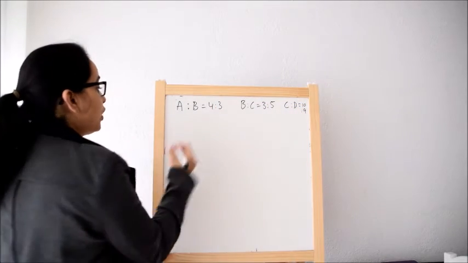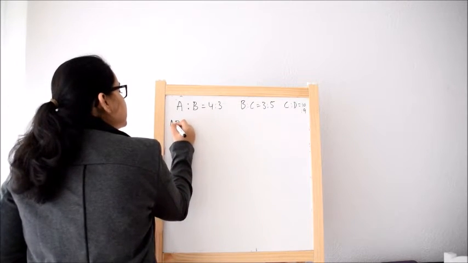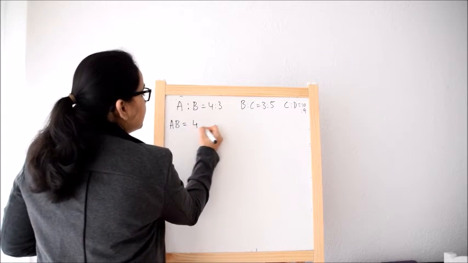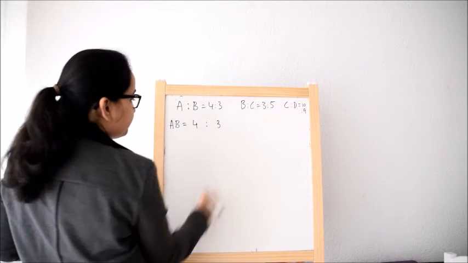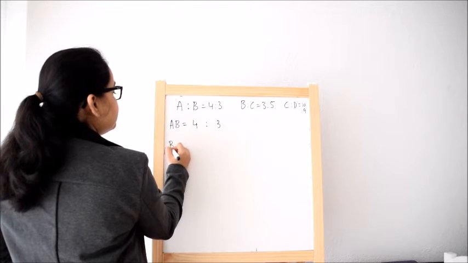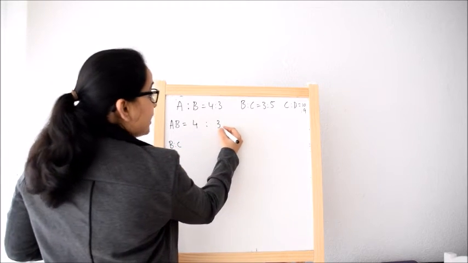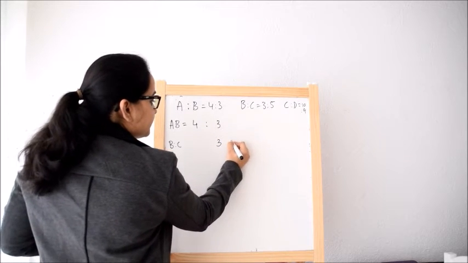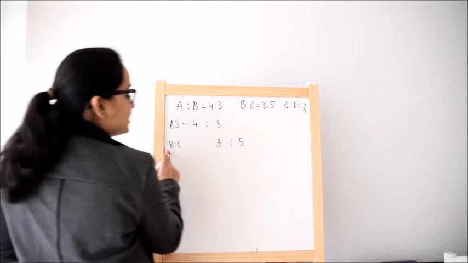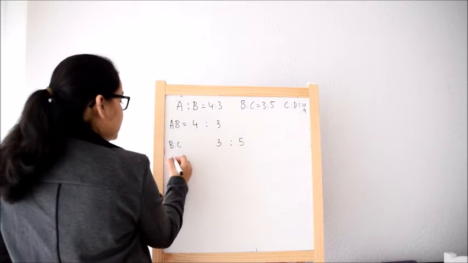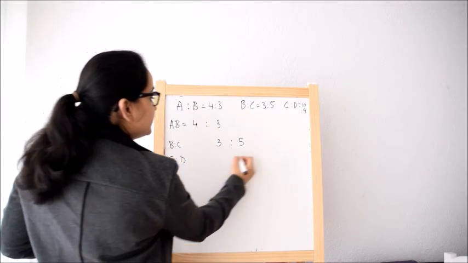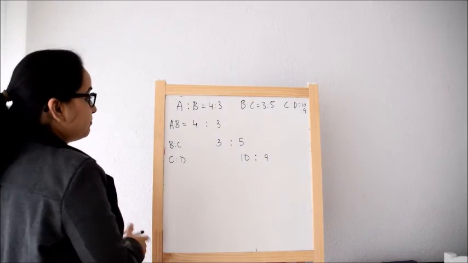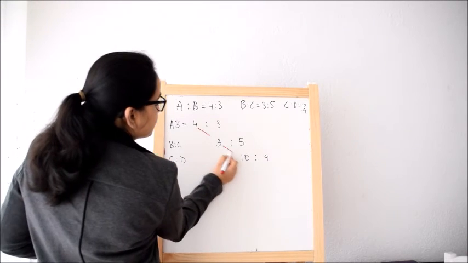So again what we will do here is we will write these in a different form, okay? So the first thing is 4 is to 3, the second is B is to C, below the second term we will write the first term of the second ratio like this, and C is to D is 10 is to 9, okay?